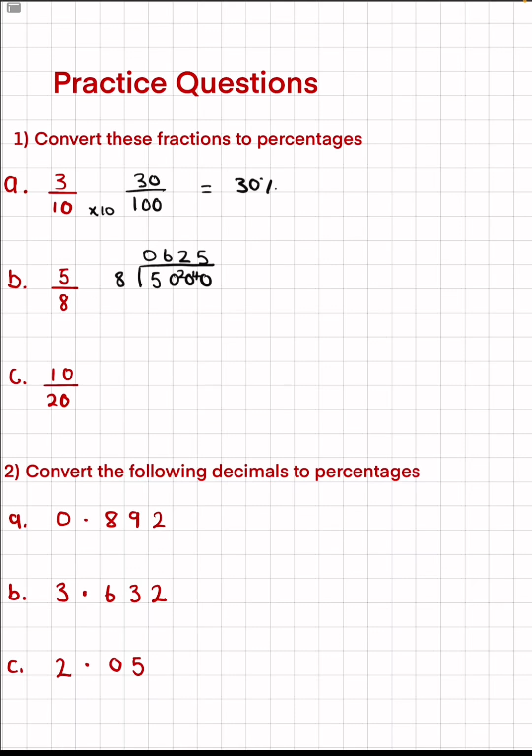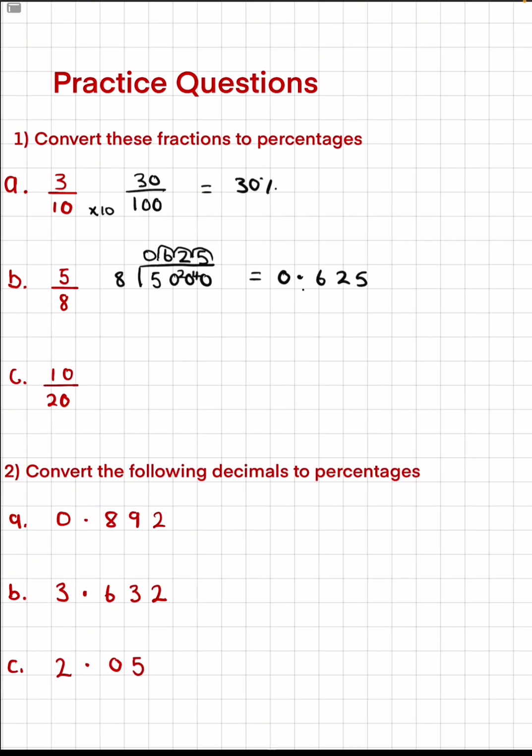Because we made this number 1,000 times bigger, we need to do the opposite and divide by 1,000 to make it 1,000 times smaller. When we divide by 1,000, we move the decimal point 3 places to the left. So 1, 2, 3. 5/8 as a decimal is 0.625.